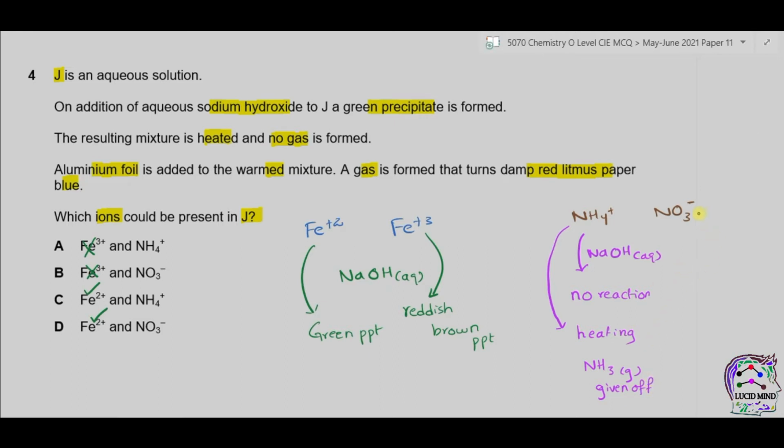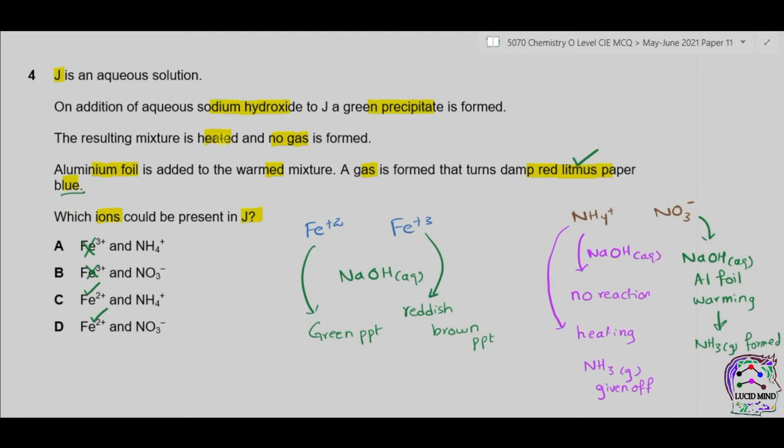For nitrates, when we add aqueous sodium hydroxide, aluminum foil along with little warming, then ammonia gas is produced. And the test for ammonia gas is that as it is basic in nature, it turns moist red litmus paper blue.